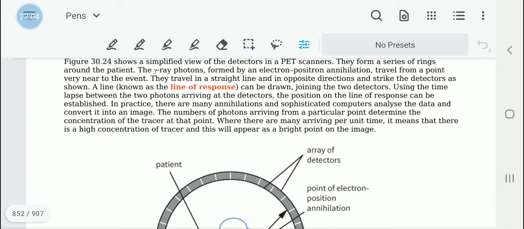This is done by using the principle that the gamma ray photons travel in opposite directions when electron and positron annihilate each other.